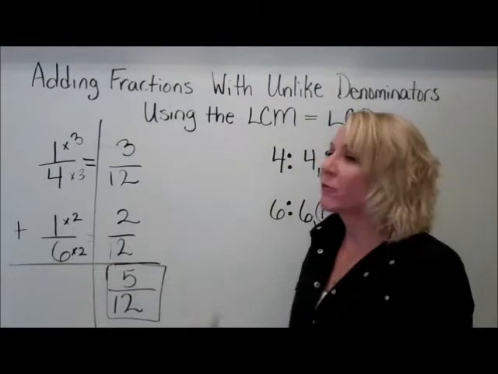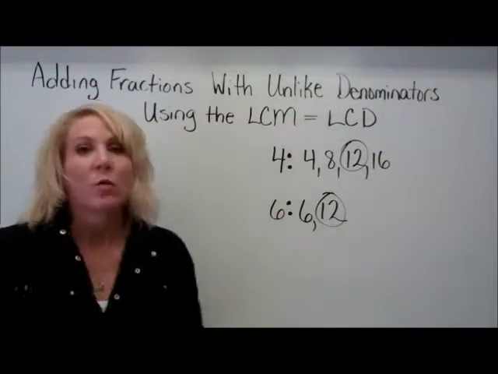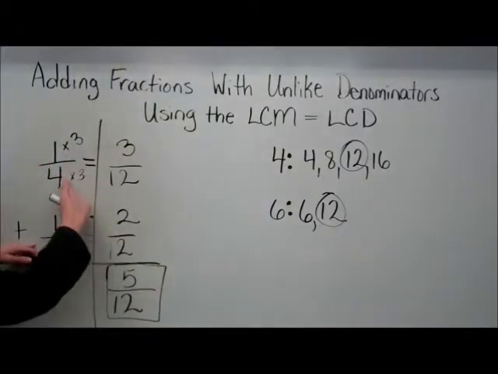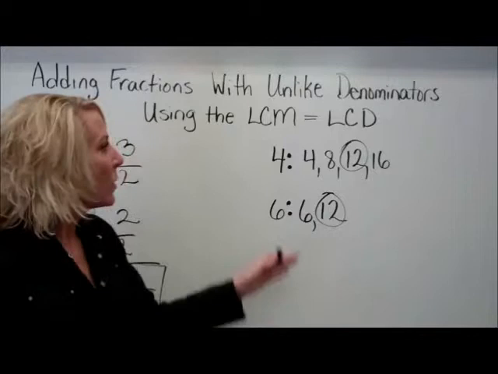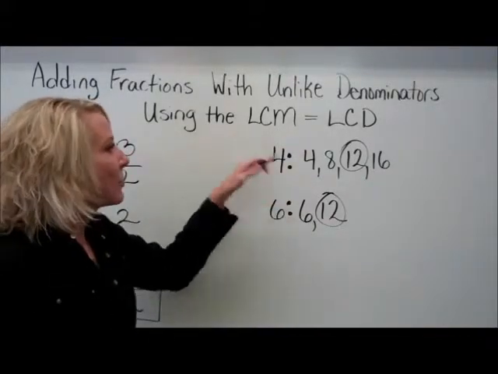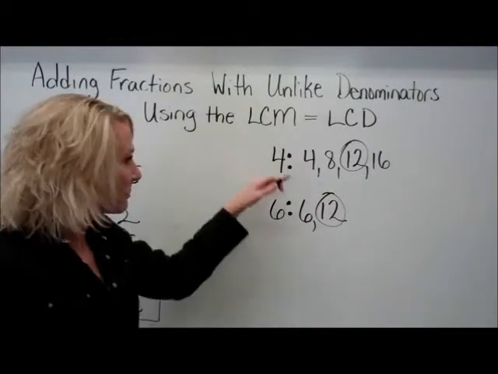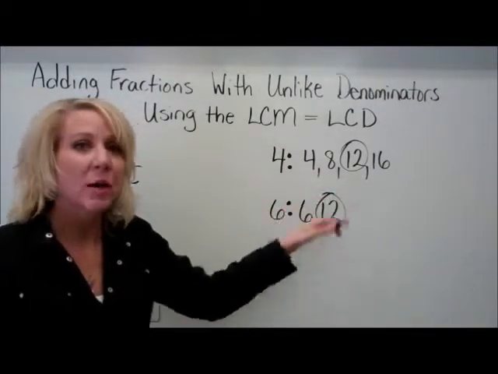So again, to add fractions with unlike denominators using the least common multiple, what we do is we take our two denominators, we come over here and we write down their multiplication tables. What we do then is we analyze the two lists and we find the least number that they have in common. In this case, it was 12. We use that as our new denominator.